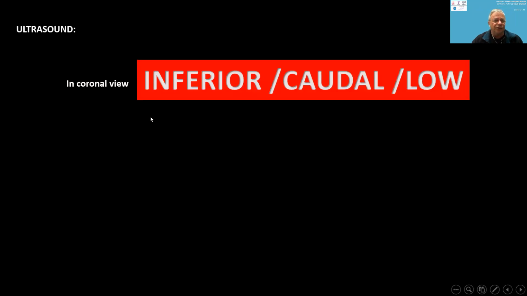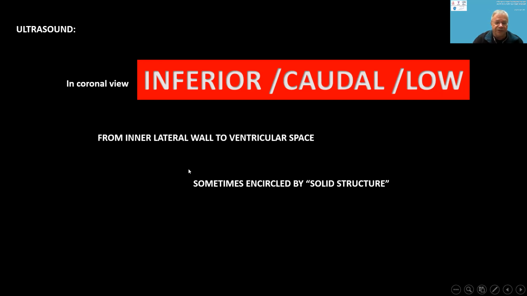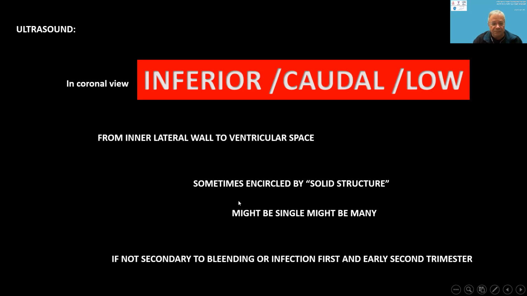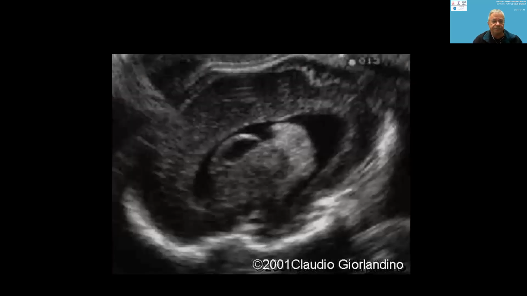In ultrasound, the most important point is that in coronal views, they are inferior, or caudal, or low, from the inner lateral wall to the ventricular space, sometimes encircled by solid structure, might be single, might be many. If not secondary to bleeding or infection, they have a first and early second trimester appearance.